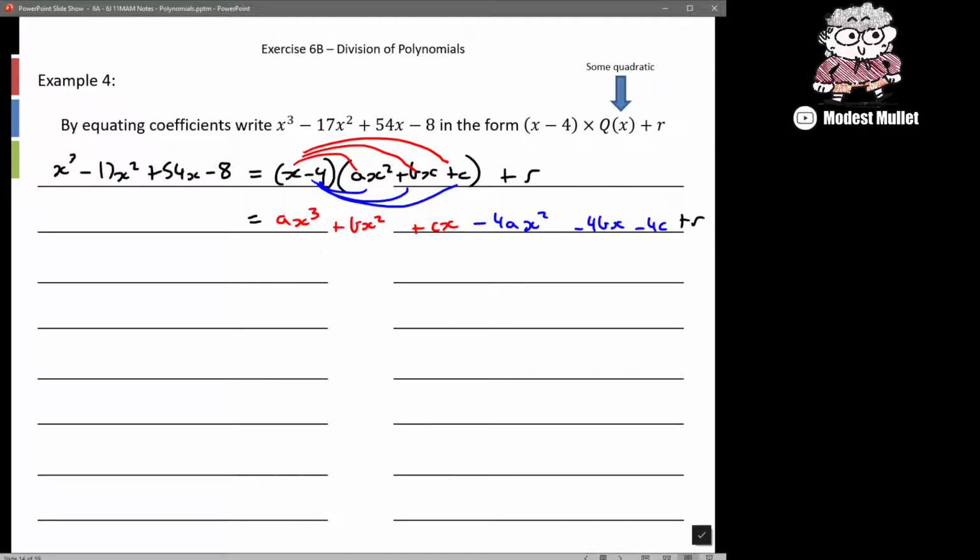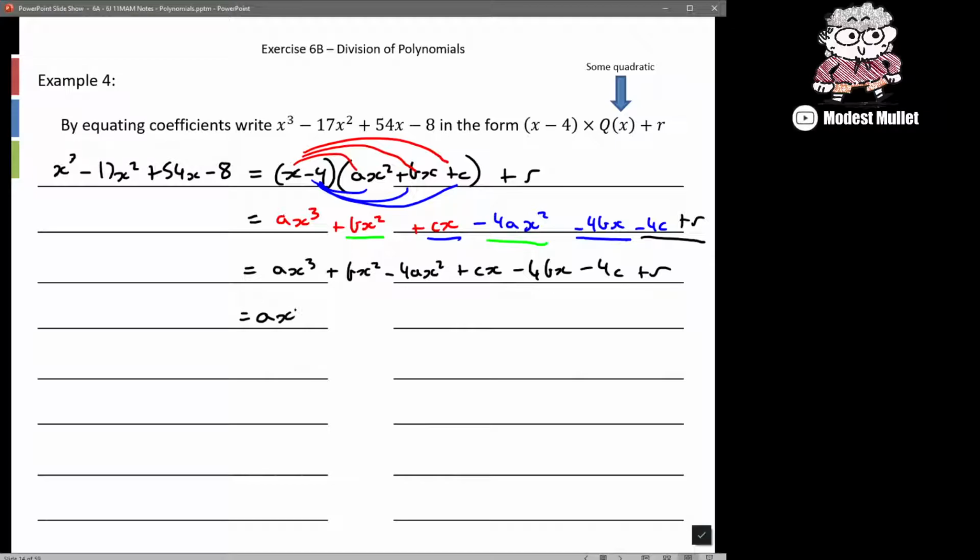Now I'm going to start grouping terms. The ax cubed is my only x cubed term. I group it with bx squared and negative 4ax squared, so I get ax cubed plus bx squared minus 4ax squared. I'm going to group the linear terms now, so plus cx minus 4bx, and then my constant terms on the end, which is just minus 4c plus r.